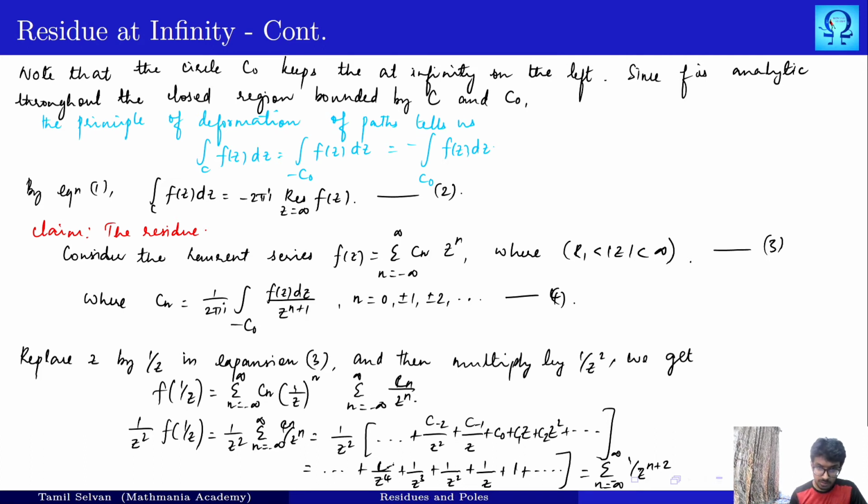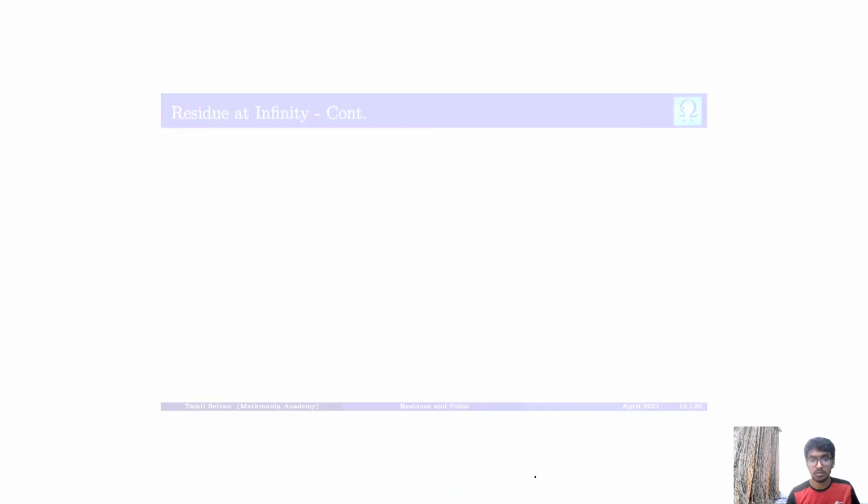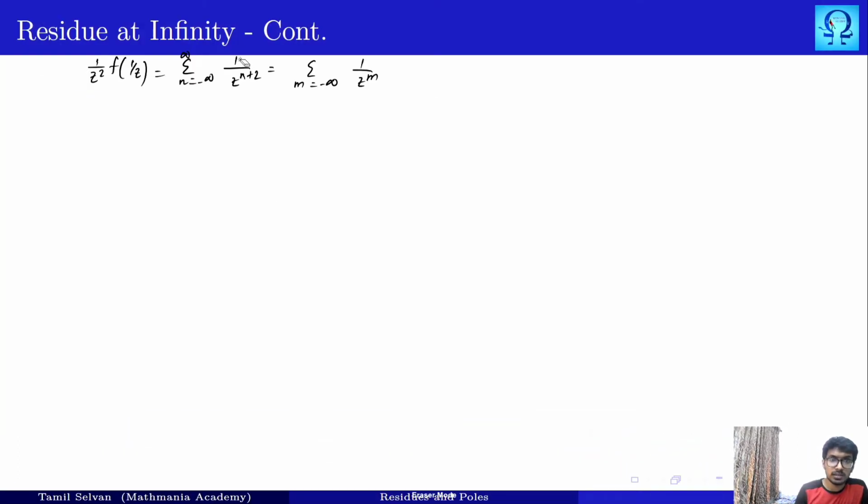So here C minus 2, C minus 1, C naught, C1, C2. So it is Cn. When n plus 2 equals m, your n is m minus 2, from minus infinity to infinity only. So when we change this, this is summation n runs from minus infinity to infinity. Since m is a dummy variable, we just change this to n. So this is what we have.